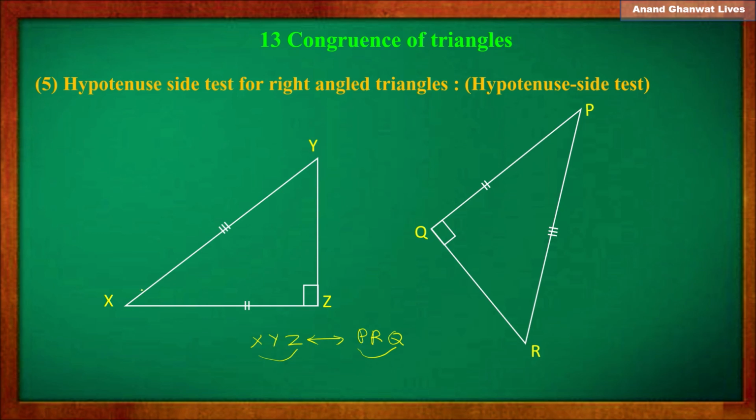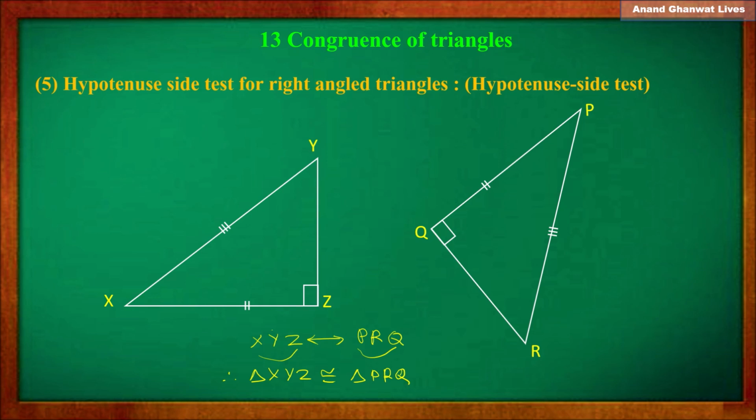Let us check another side. Segment XY is congruent with segment PR. Okay, therefore triangle XYZ is congruent with triangle PRQ.